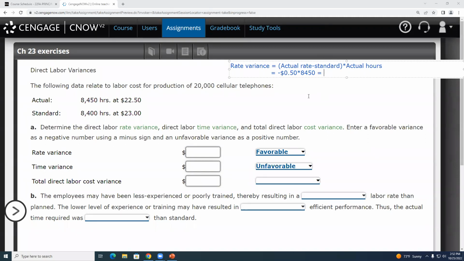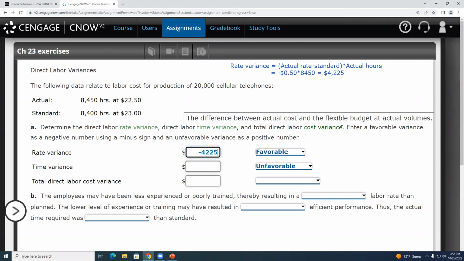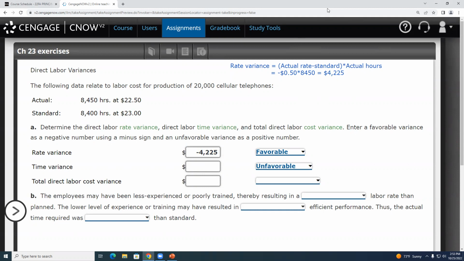The rate variance then is $4,225. That's a favorable variance, so we're going to show it as a negative. I should have put a negative there. I had the negative in my formula in front of the 50 cents, I just forgot to include it there. Knew it was needed. And then we can do the time variance.